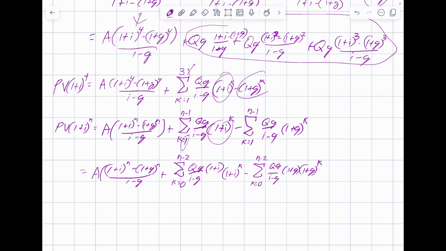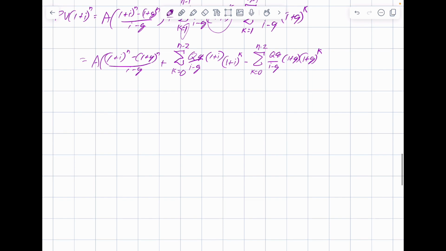Next, we'll use the geometric sum formula to express these qg terms in closed form. So we'll carry this a term down, 1 plus I minus 1 plus g over I minus g, plus, so this whole term here is the a coefficient.